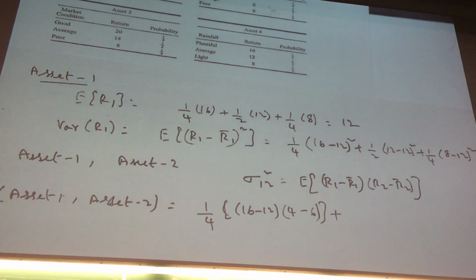Plus, can you repeat the remaining things? I just calculated the first one. The next one is basically covariance.